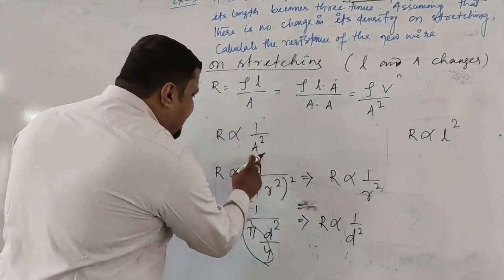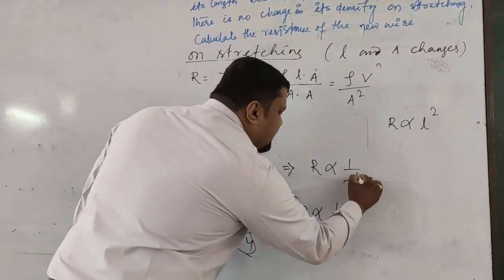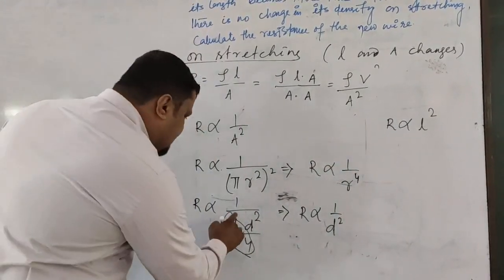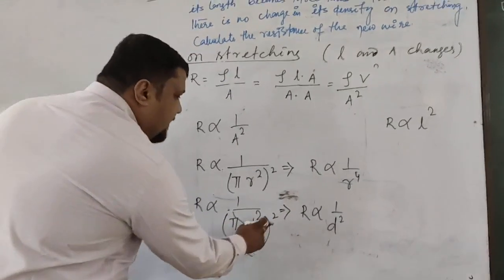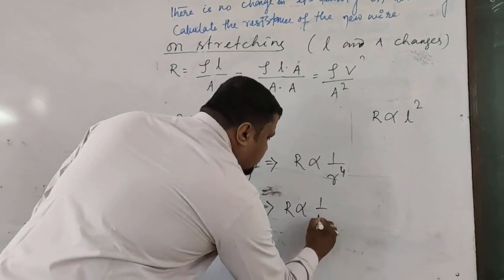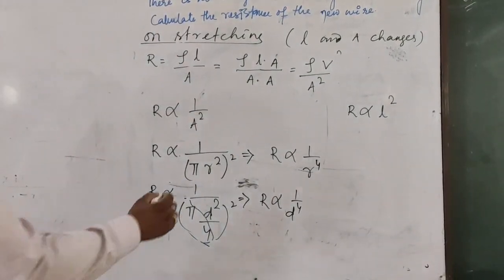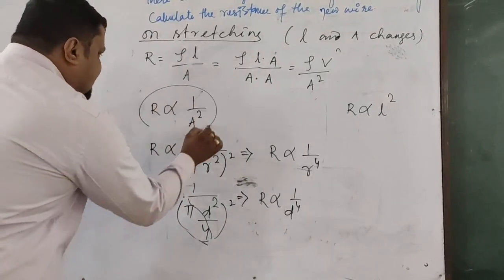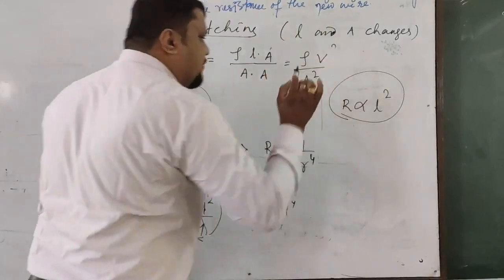Now R is proportional to 1 by A square. So pi R square into whole square means R is inversely proportional to R4. Here it is pi D square by 4 whole square, so area square means diameter 4. So remember this formula: on stretching, R is inversely proportional to A square, and R is directly proportional to L square.